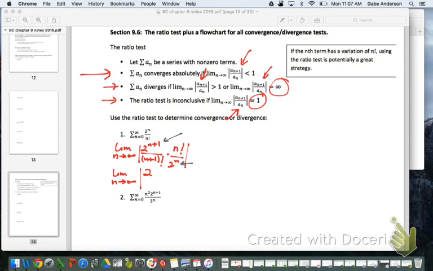The factorials are a little more complicated. N plus 1 factorial is actually n plus 1 times n factorial. And so what we would see here is that this n factorial and this n factorial would cancel, and that would leave us with simply n plus 1.